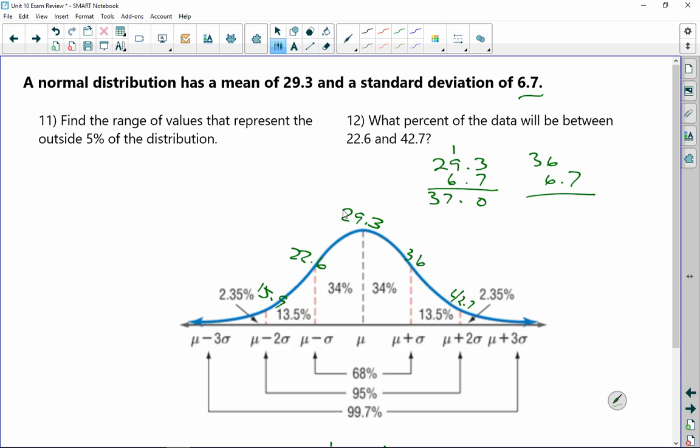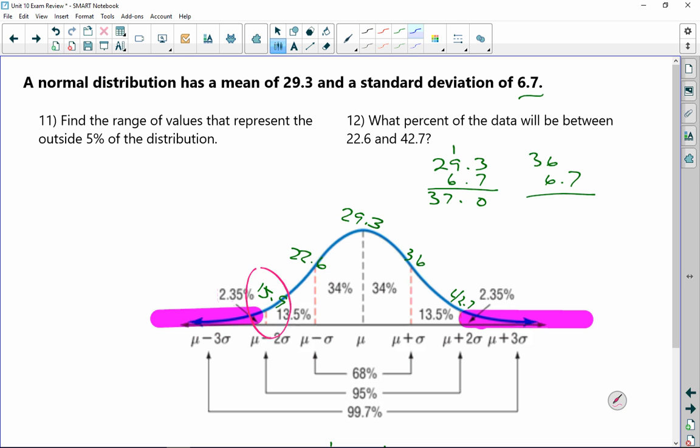Okay, now it wants to know the outside 5%. Where's the outside 5% here? Get it from here on out, and then from that line on out. Okay. Is that right? You got it. So it's going to have two different answers here.